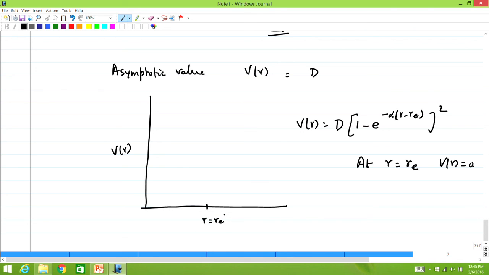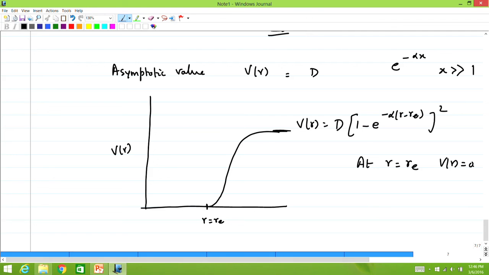For all values of R greater than Re, this number is smaller than 1, and therefore, 1 minus e to the minus alpha (R minus Re) whole square is positive, and since this exponential becomes smaller and smaller, this keeps on increasing until it reaches the maximum value of D. When R minus Re is so large that this exponent is almost 0, because it is exponential of minus alpha x, and if x is very, very large, then the exponential of minus alpha x goes to 0.